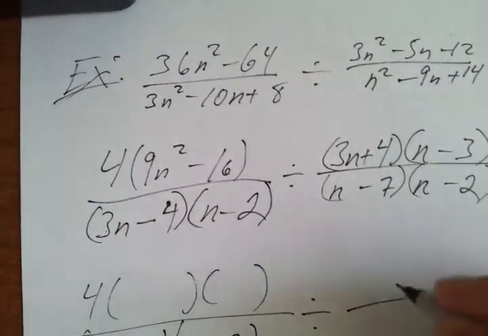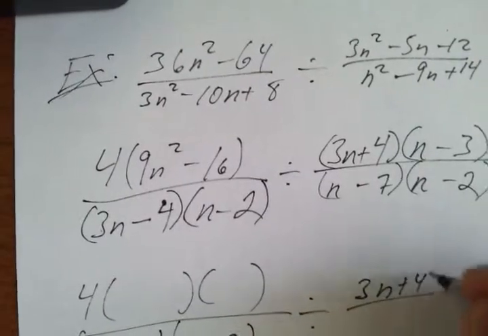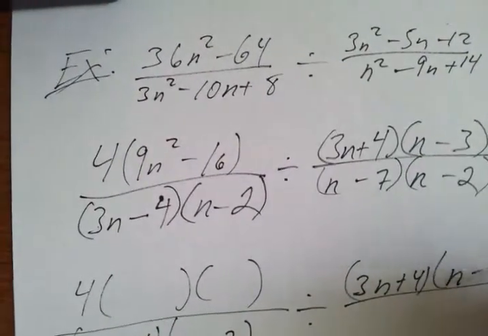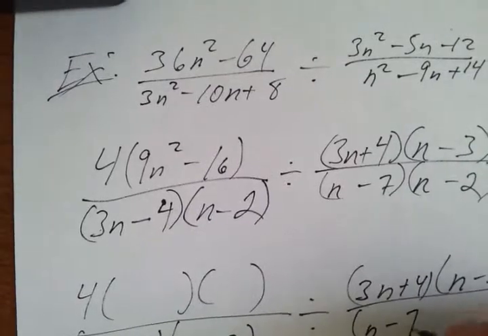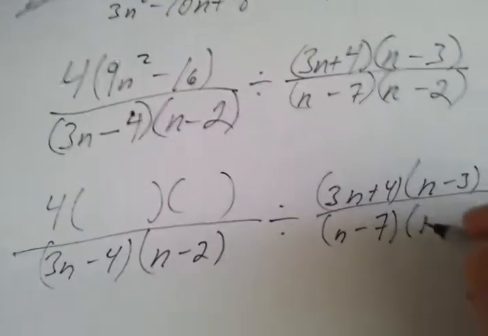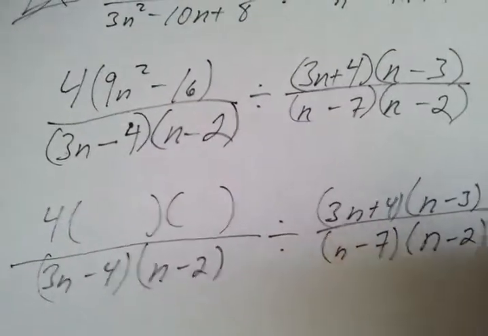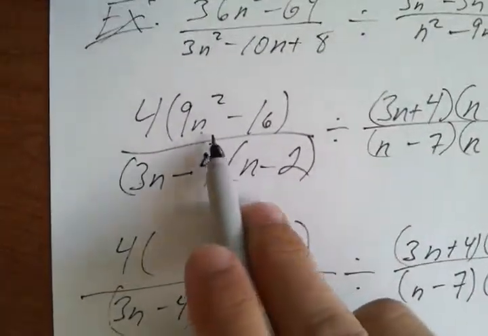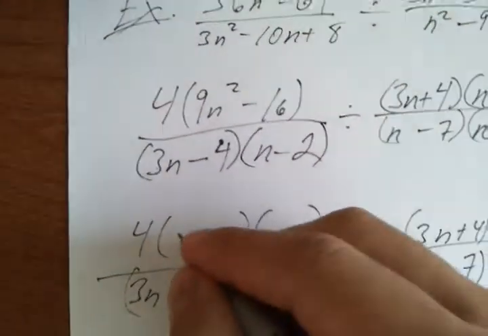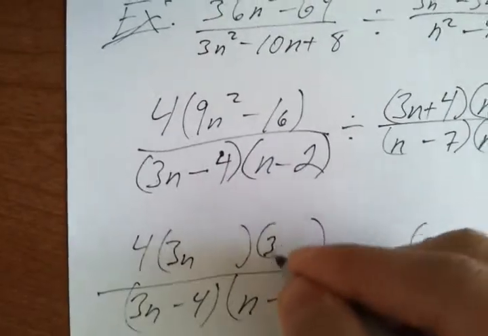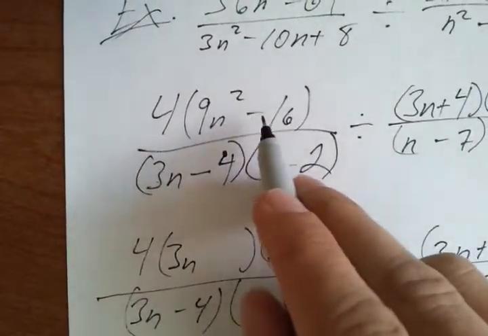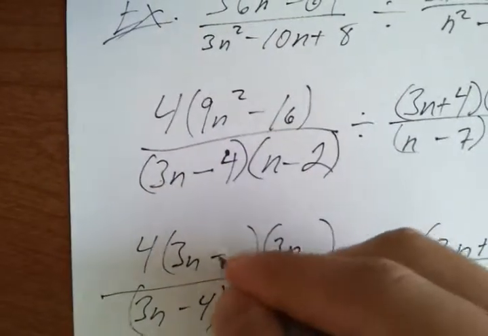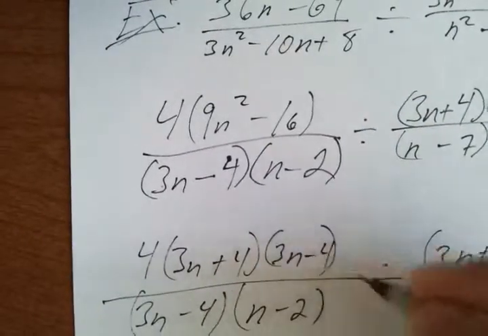So that means that one is going to factor, but all of these others cannot, so they still stay as is. Well, what times what gives you 9n squared? 3n and 3n. Two things that multiply to give you negative 16: positive 4, negative 4.